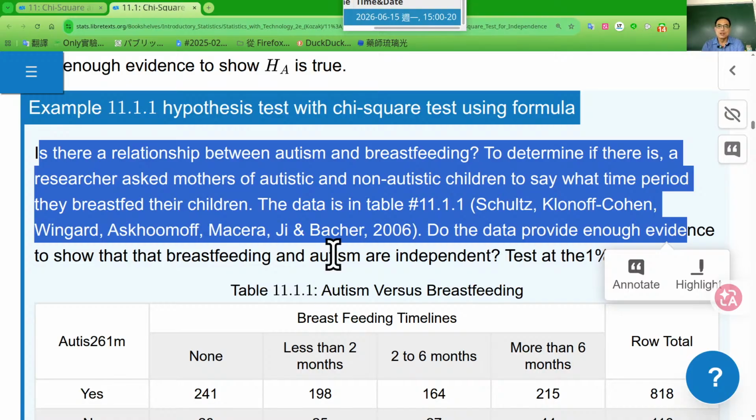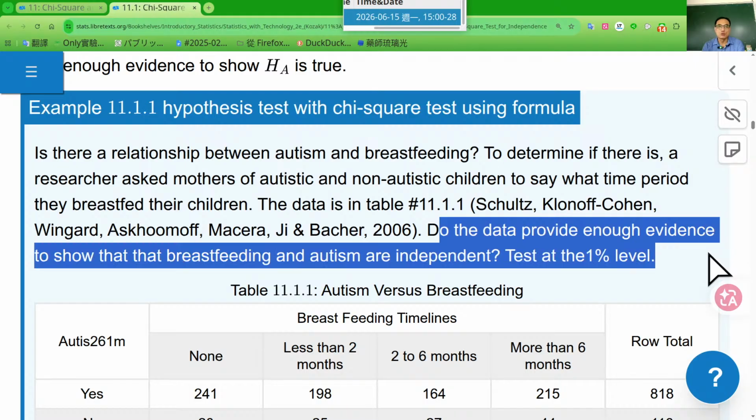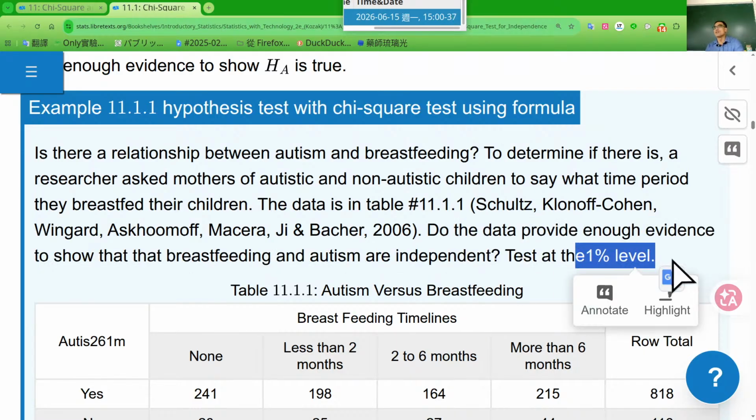The data is in table 11.1.1. Do the data provide enough evidence to show that breastfeeding and autism are independent? Test at the 1% level. This time alpha is 0.01, not 0.05. Why? It depends on your purpose.